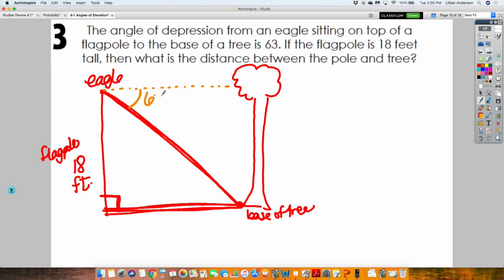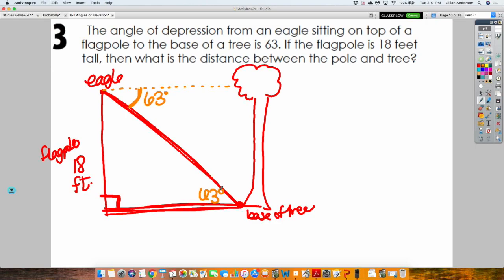That's what I was saying on the other slide. You got to be careful. It always comes from some horizontal line, never the vertical. So 63 is actually on the outside of that triangle. But because this angle is 63, what angle inside of the triangle is 63? The one at the base of the tree.